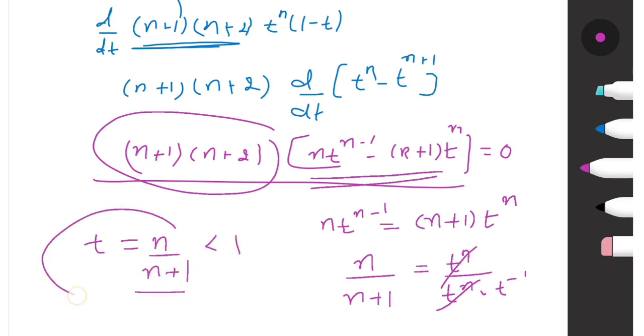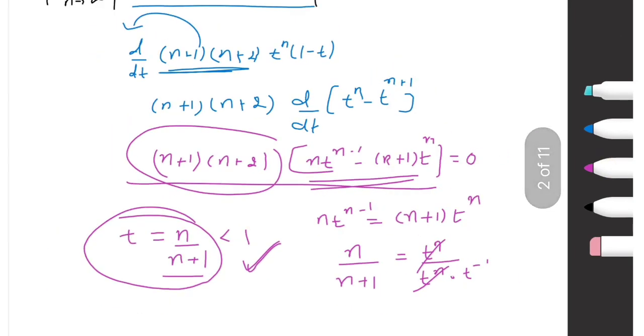That means this point t is in the interval. So this is the extrema point.